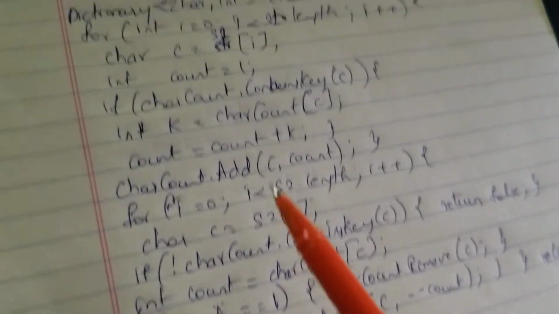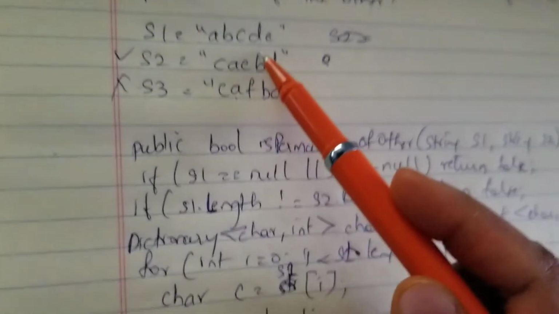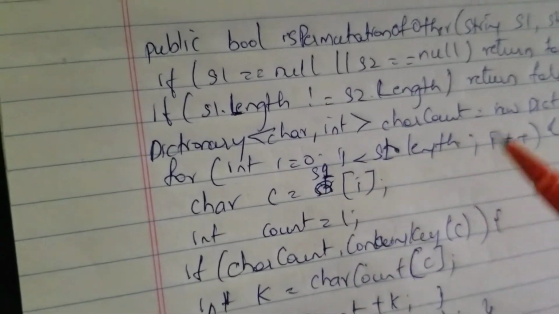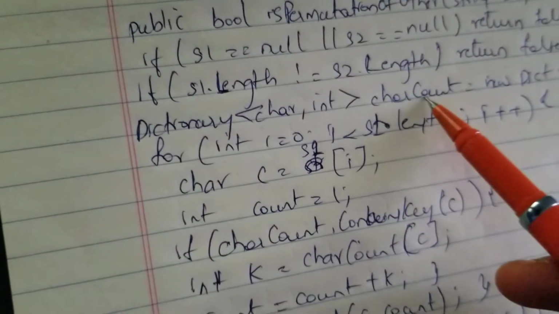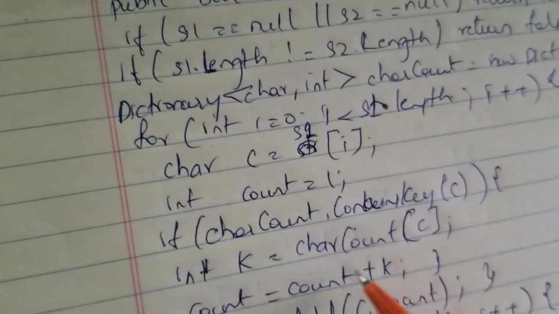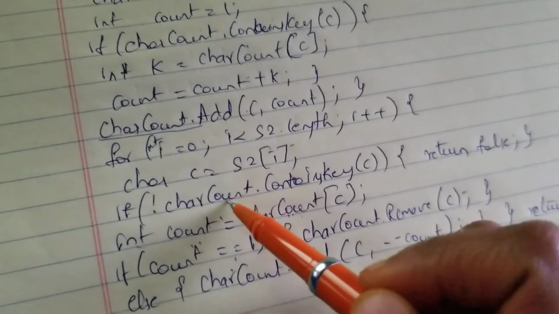So here is what it does. In the first loop, for the matching strings, it will add all of them, because the first time nothing is stored in the char count dictionary, so it will start adding everything. Then here we check whether it contains that or not.